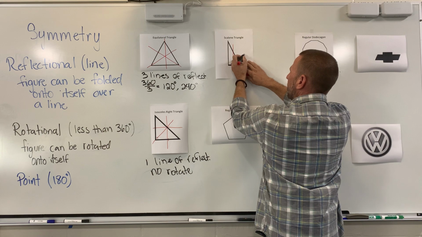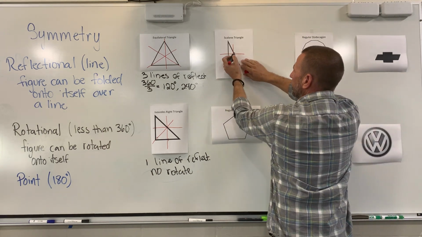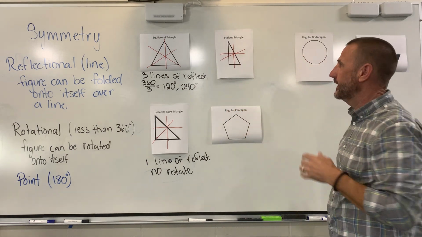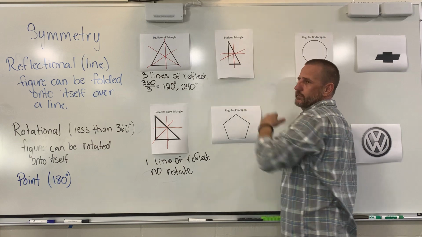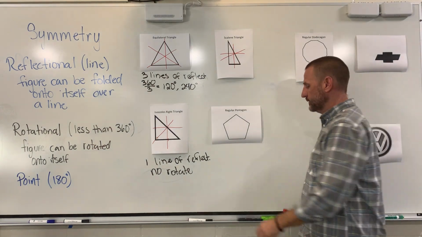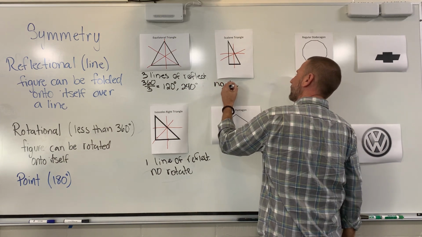If I try to draw a line horizontally, it doesn't work. And if I tried to draw a line diagonally, it doesn't work. There's nothing I'm going to be able to do. And that's because of the fact that none of the sides have the same length. Therefore, it's never going to have any lines of symmetry. So in this case, there's no lines of symmetry, or no lines of reflection.